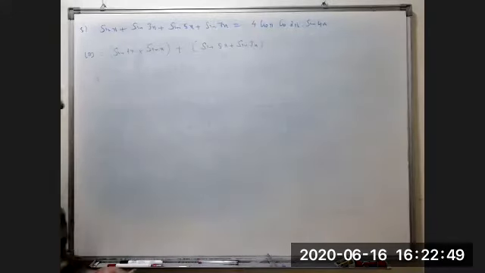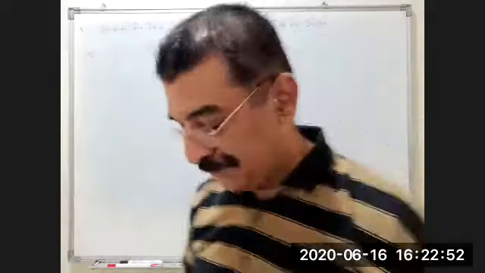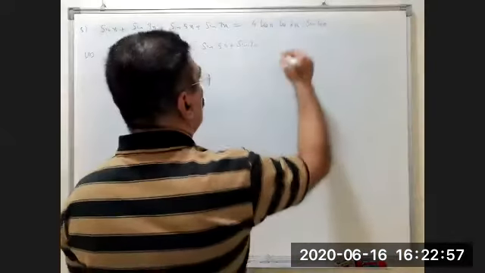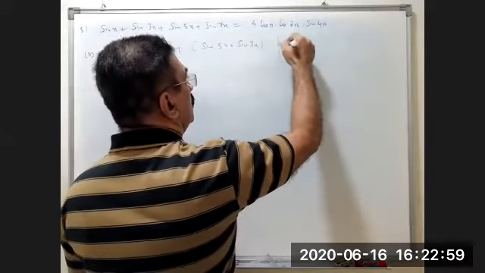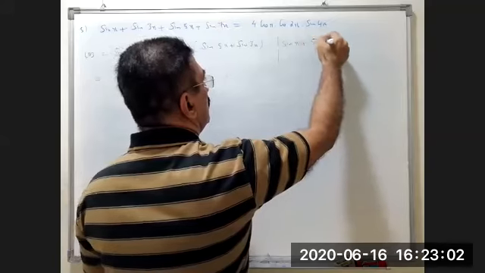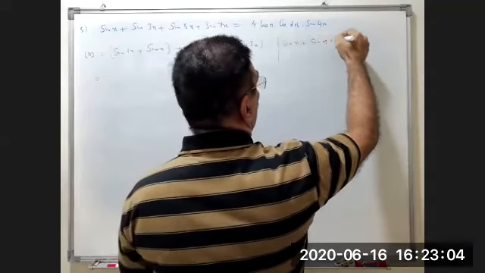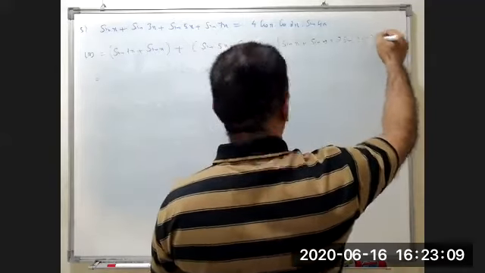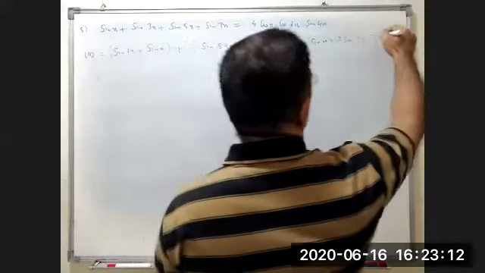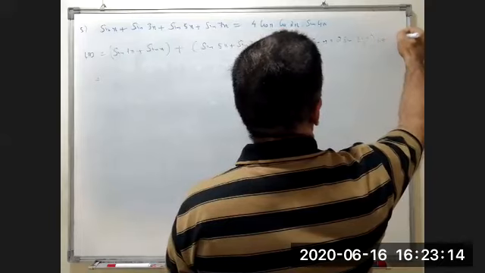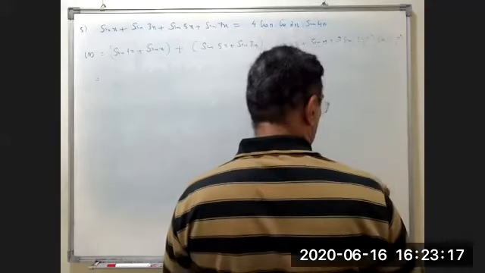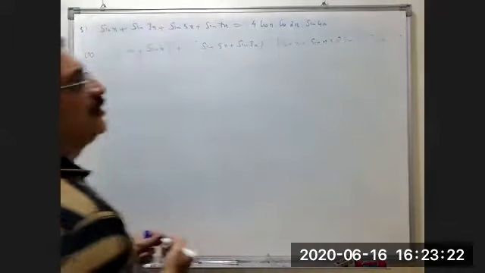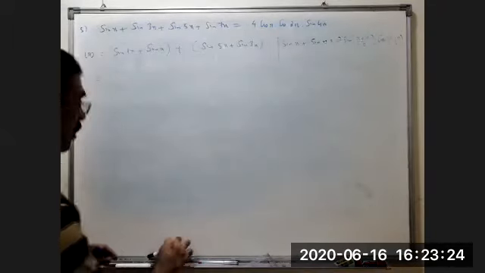Now use the formula for sin x plus sin y. Remember, sin x plus sin y is 2 sin (x plus y)/2 into cos (x minus y)/2.